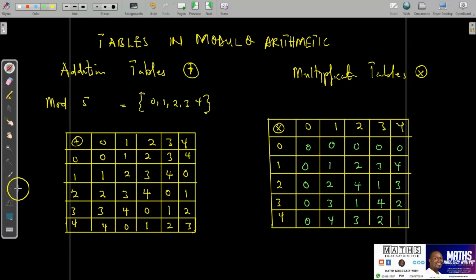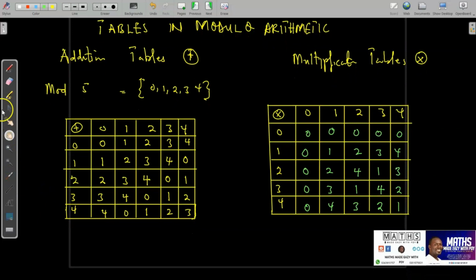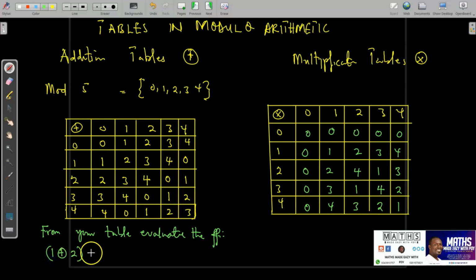So evaluate, let me scroll up a little so that I can get space to do the writing. So from your table, evaluate the following. We have one question as (1 plus 2) all multiplying (2 plus 2).